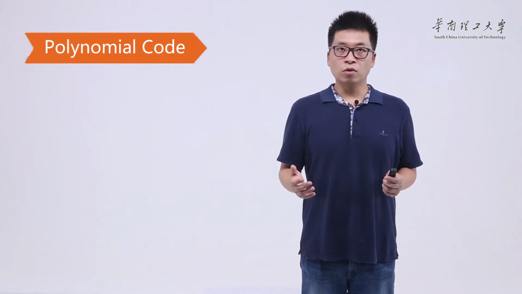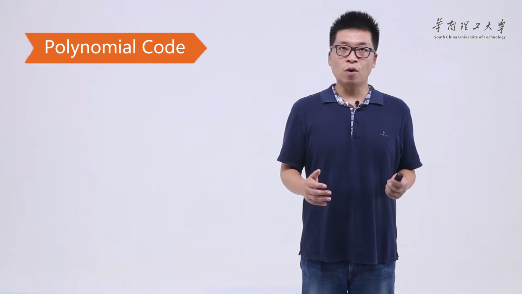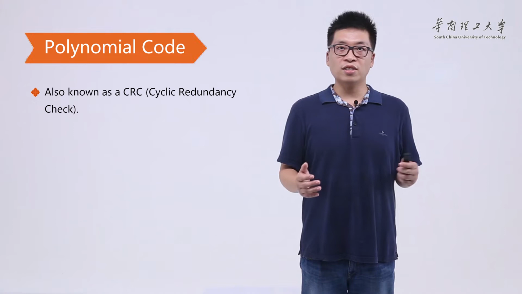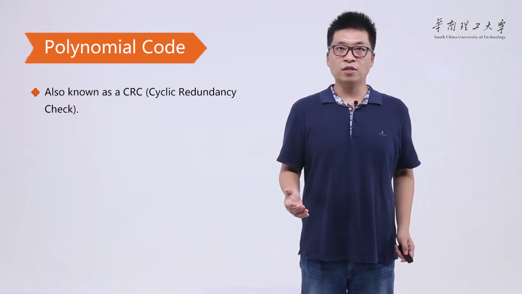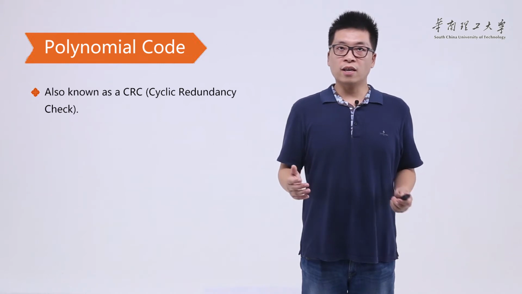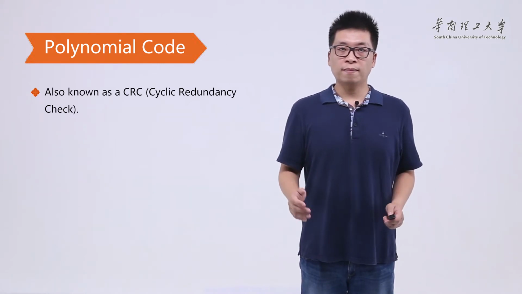In this section, we will introduce an approach for error detection called the polynomial code. It is also known as the CRC method, which is short for cyclic redundancy check.